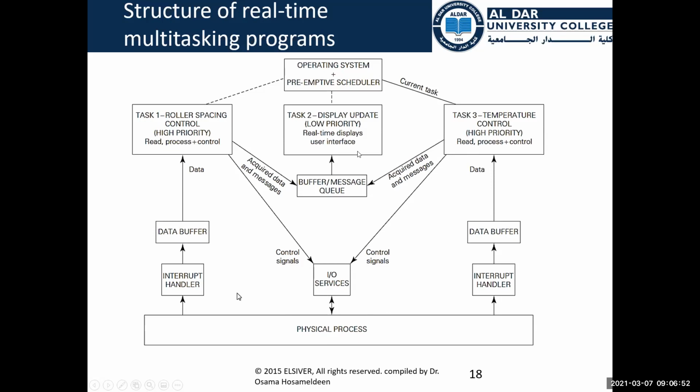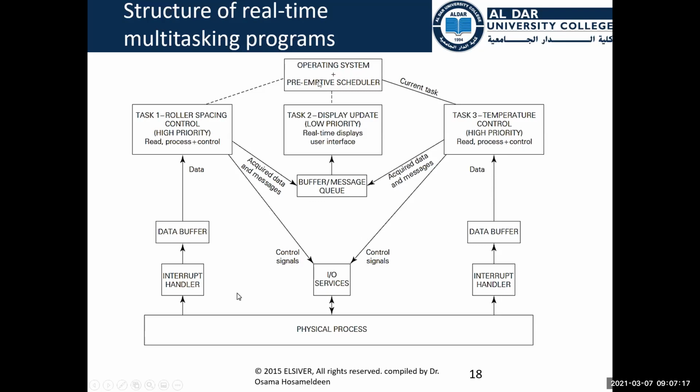So it is one way. It is for displaying data only. But the most important thing you should know is that the communication between these two processes is done using messages. Okay? That's all about this figure.